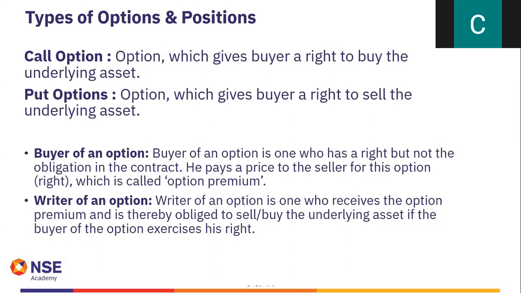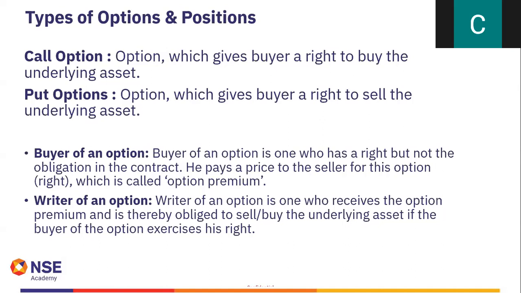I bought a put option, and the terms are I will sell 100 shares of HDFC Bank at 1,000 each on 29th September. Now, since I am buying this right, there is an opposite person who will be selling it. The seller of a put option will receive my premium. I will be paying the premium because I am the buyer of the put option. He will be receiving the premium because he is the seller of the put option.